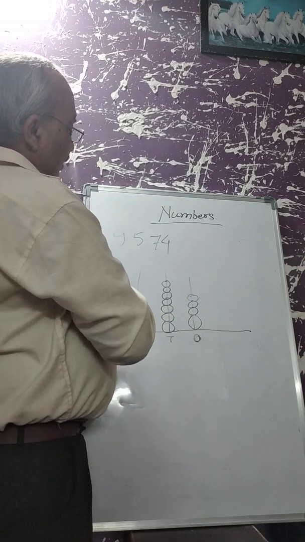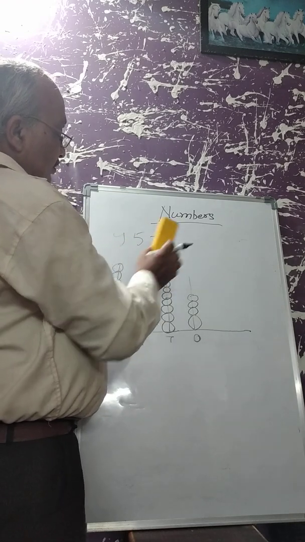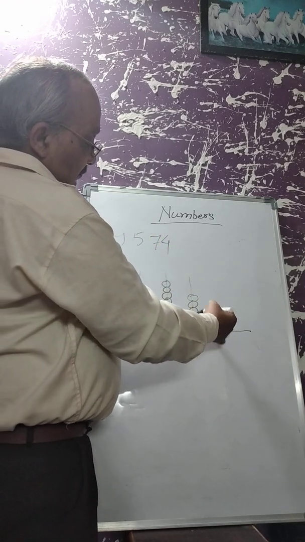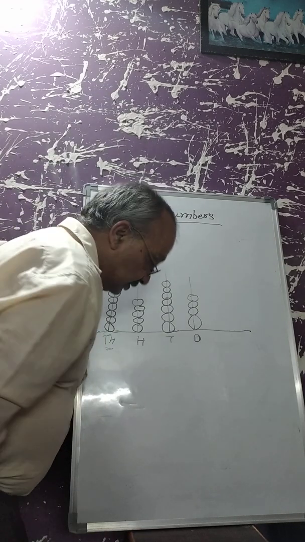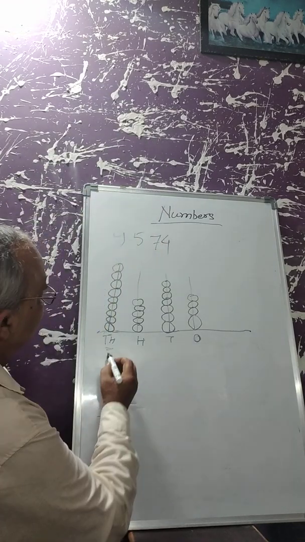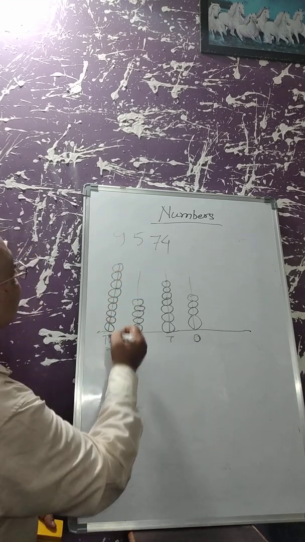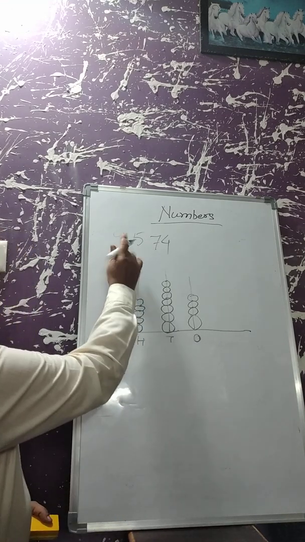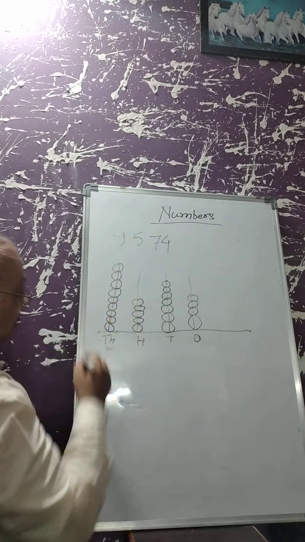Okay. Again, at the place of ones, altogether 4 is there. So now you have to write the expanded form. First you write this 9.